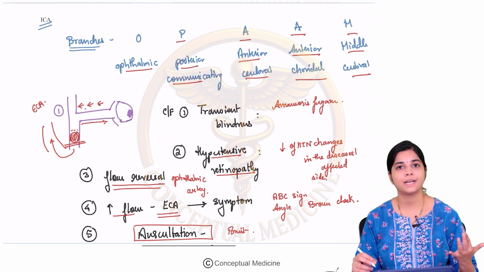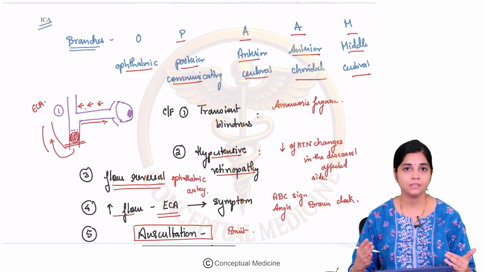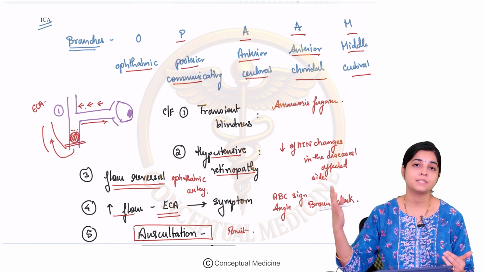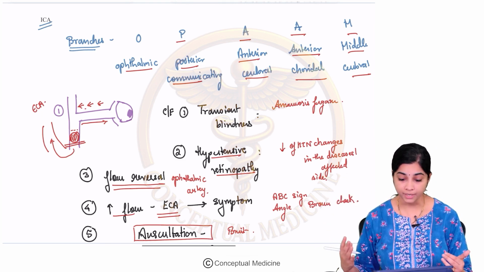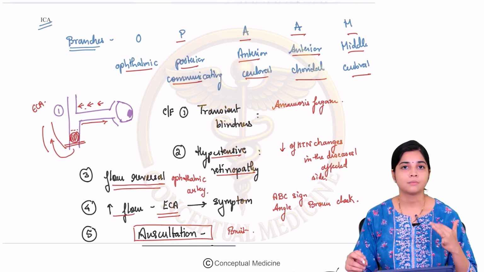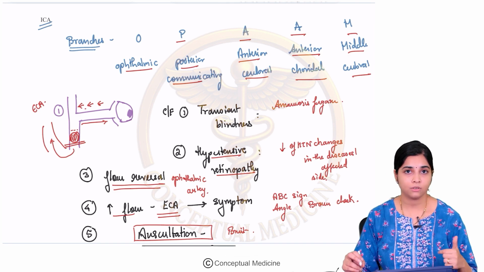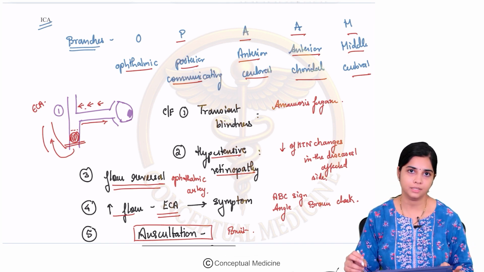Of course, if your ICA is completely occluded, the branches of the MCA and ACA are also affected, so you can have a massive stroke. But these are the other changes which you have to remember. Suppose the patient is presenting with TIA and not a stroke, then these are the other changes which can help in picking it up early, right?